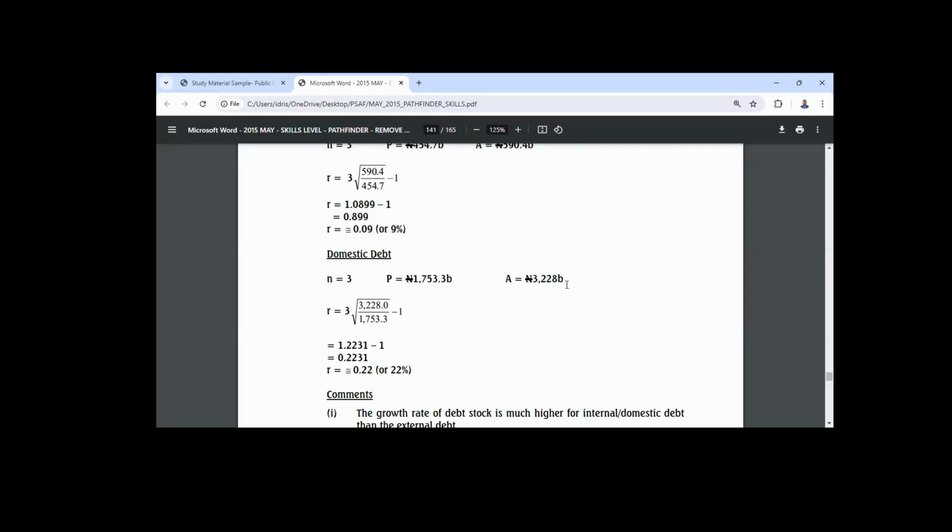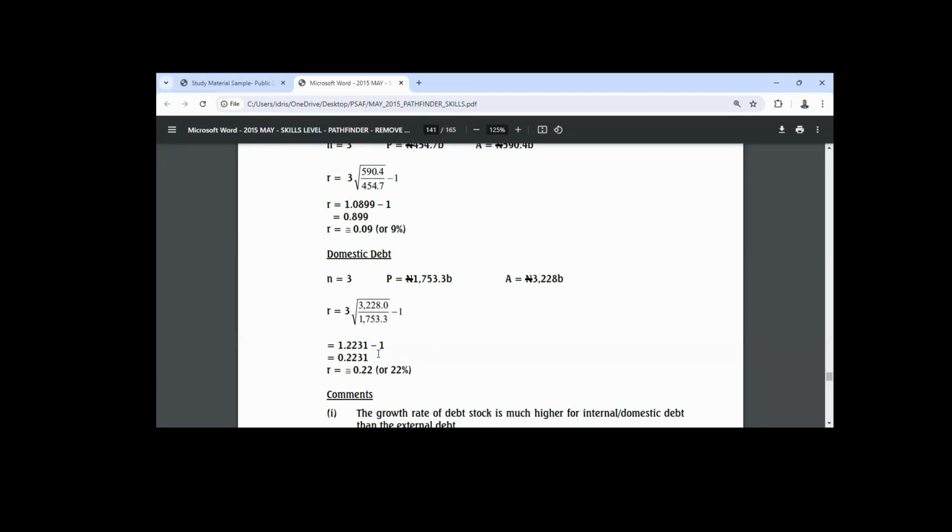So you need to know how to use the cube root. You have to use the second function. Okay, sir. Cube root. So you will do that. All right, sir.